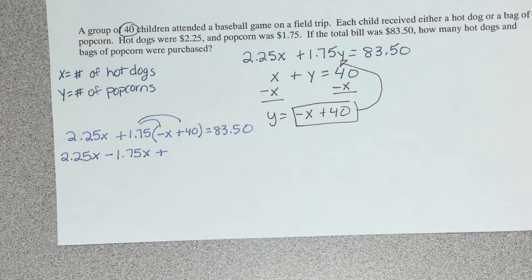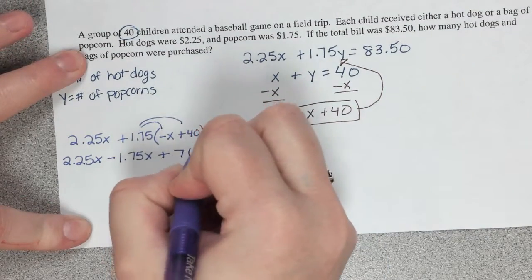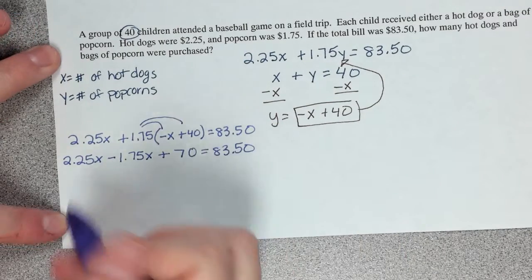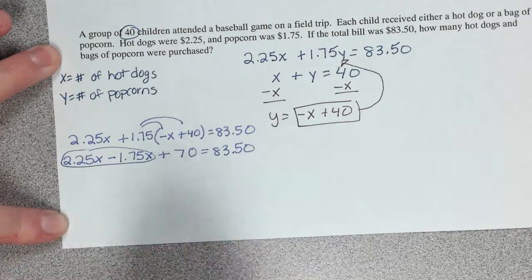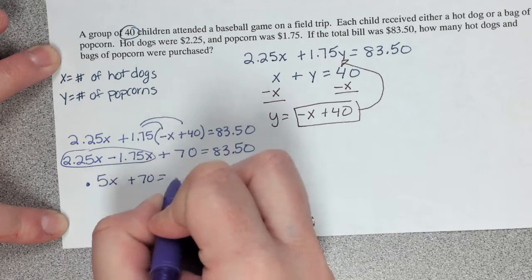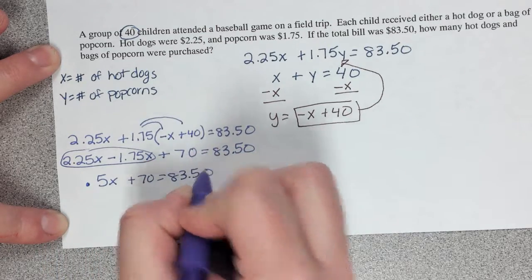I've been using it, you use it. There's no shame in using this calculator. Now that I've done that, I'm going to combine my like terms. So I have 2.25 minus 1.75. Well, that gives me 0.5x plus 70 equals 83.50.